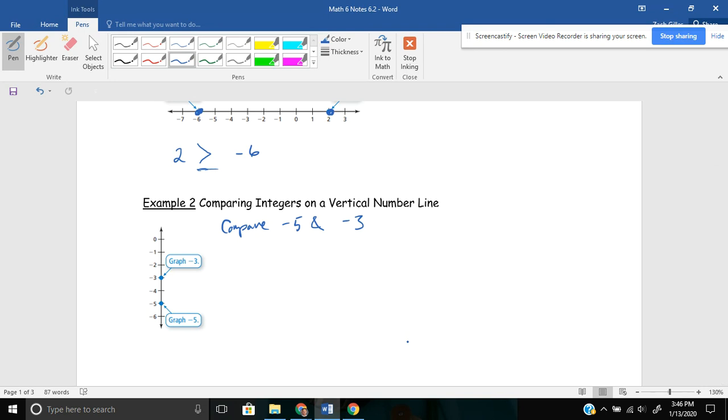Numbers that are lower on your vertical number line are going to be smaller. All right, so in this case, negative 5 is underneath negative 3, so that is smaller. So negative 3 is actually greater than negative 5. Okay, Pac-Man will eat the negative 3 because negative 3 is greater than negative 5. Negative 5 is less than negative 3. It's below it on a number line.